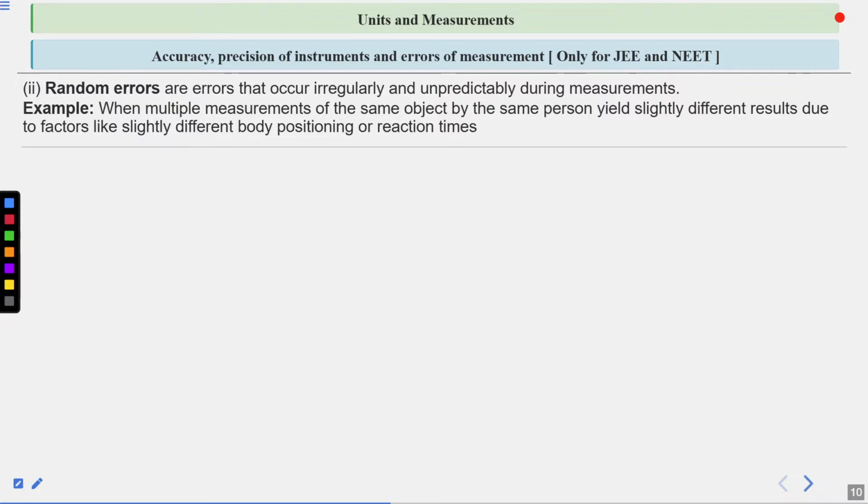Multiple measurements of the same object by the same person yield slightly different results due to factors like slightly different body positioning or reaction times. So this is an example of random errors.